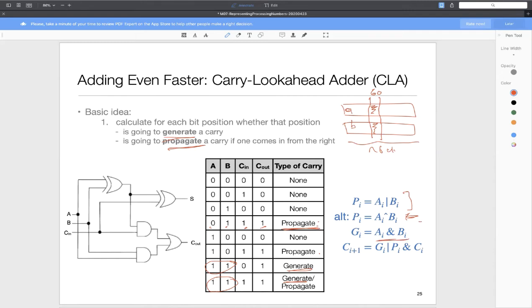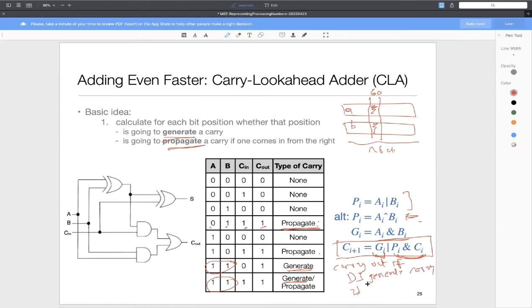So let's look at this equation. It's saying carry out is high if I generated a carry, or carry coming in was high and I propagated. So carry out is high if one of these two is true, or both. Number 1, I generate a carry.